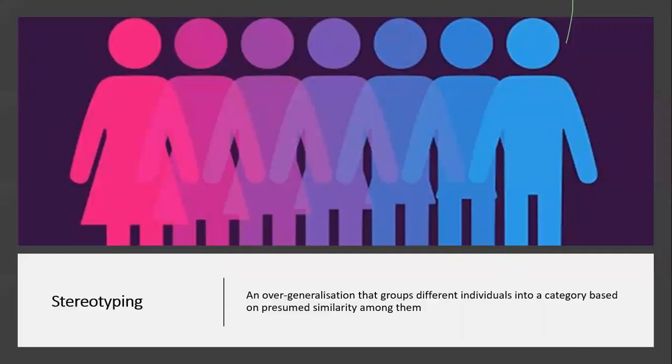When you talk about Igbo, I don't mean any offense, but I'm just using them as academic examples. When you talk about Igbo, they say, oh, they like money. But I've met a lot of people that didn't really care about money. So stereotyping is when you take a group of people that have some perceived similarity and you just overgeneralize, that if this guy is Igbo, he's going to like money, or if this guy is Yoruba, he's going to like women. And it may not generally be so.